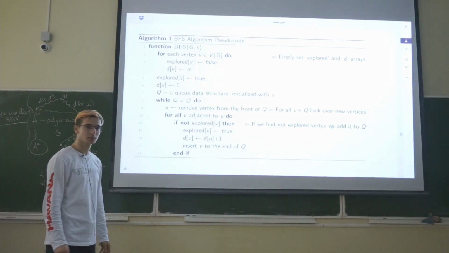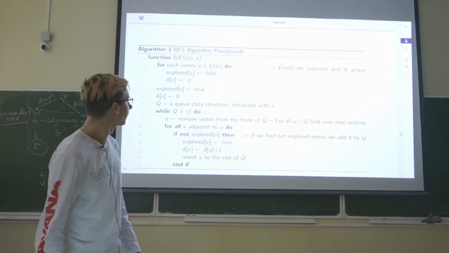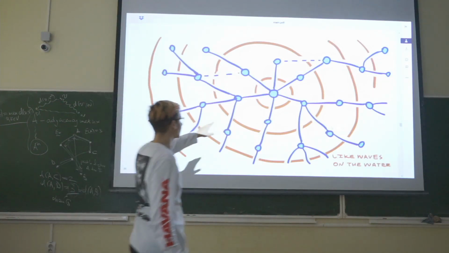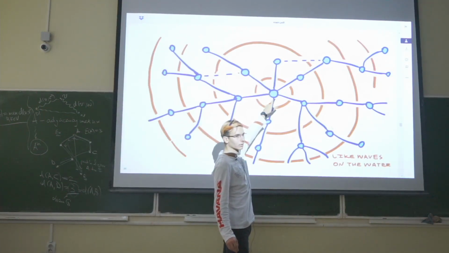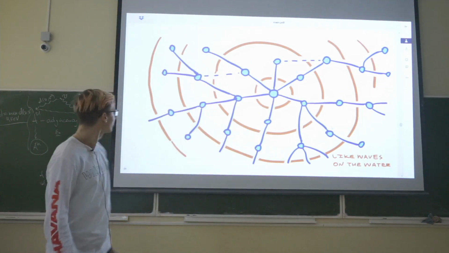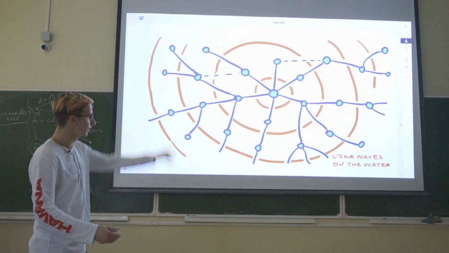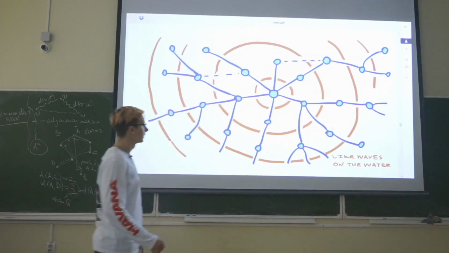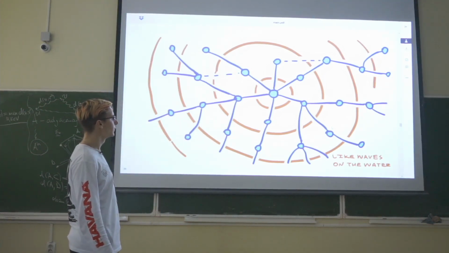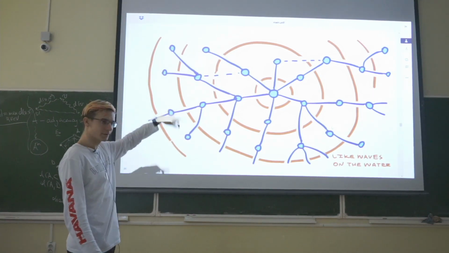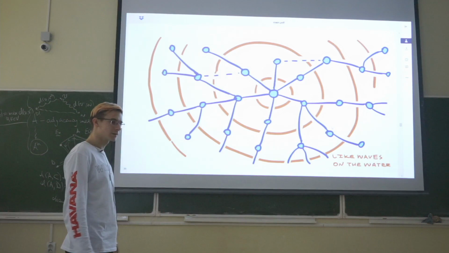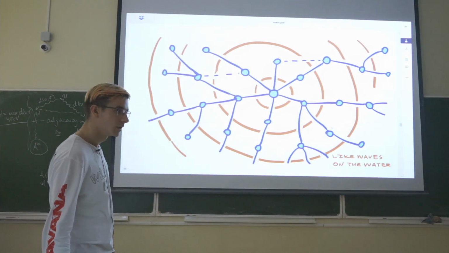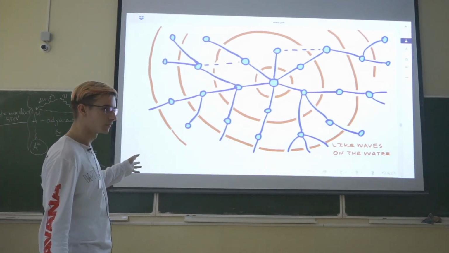In this picture, S is the center of the graph. At the start of our algorithm, we get the graph and the center. Then we find distances between the center and other vertices and return them after the algorithm.